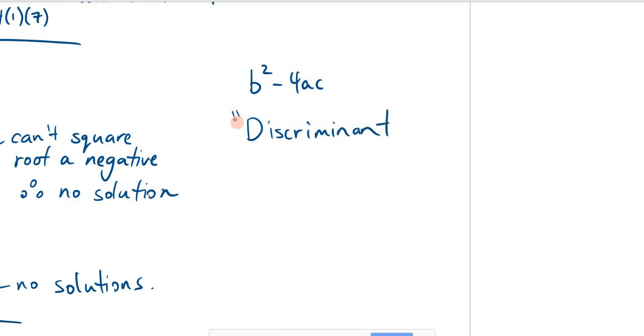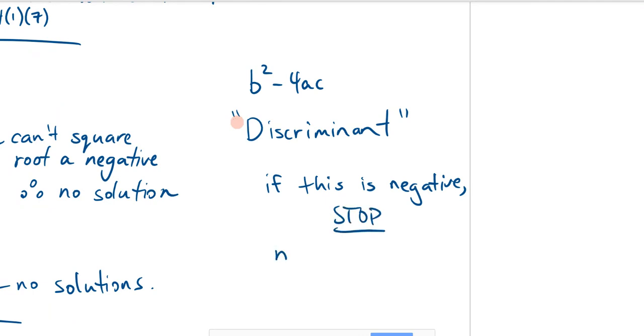Okay, and if this b squared minus 4ac is negative, then you will always have no solutions. You can stop and you can say no solutions.